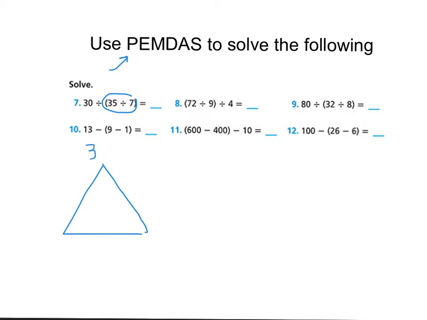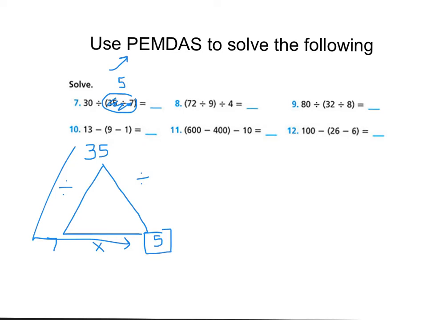Remember, if 35 is at the top, 7 is one of my factors. 7 times what is 35? You should be thinking 7 times 5 is 35. 35 divided by 7 is 5. I'm going to cross that out and add 5 on the top.